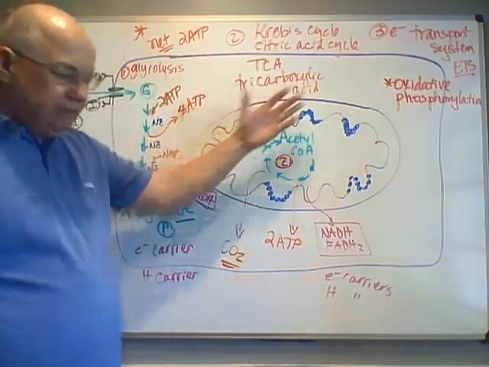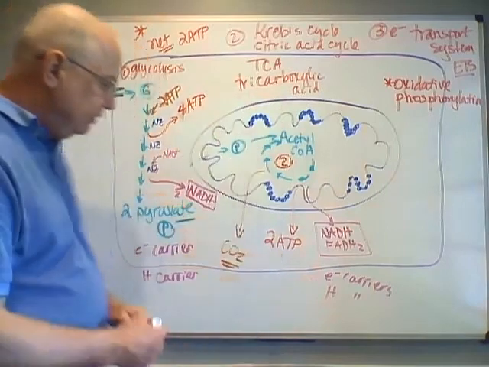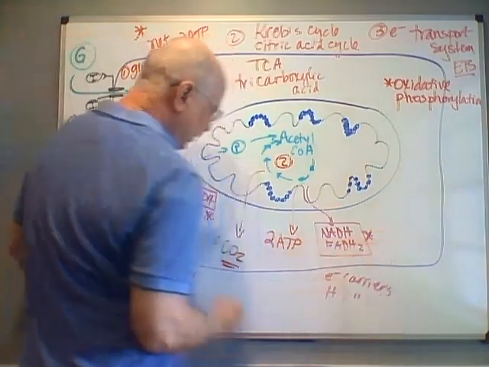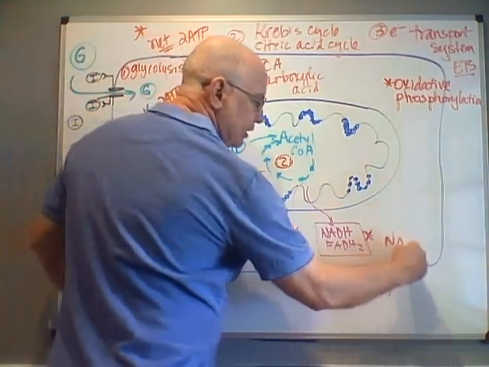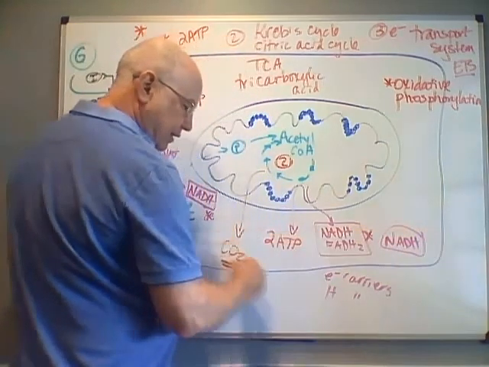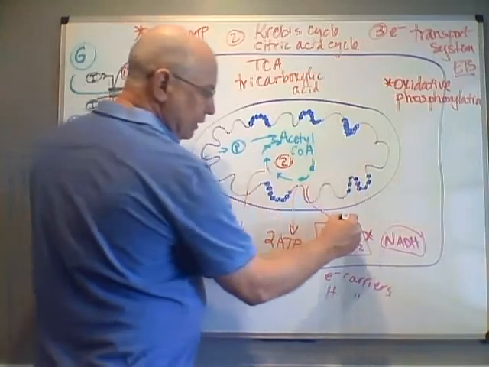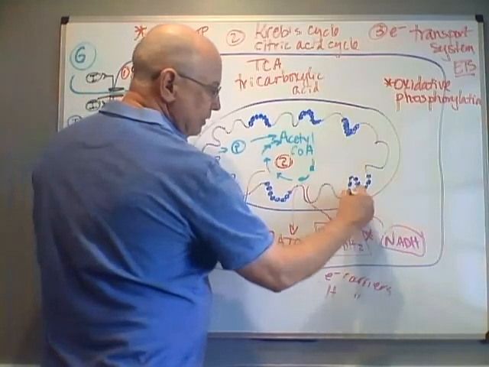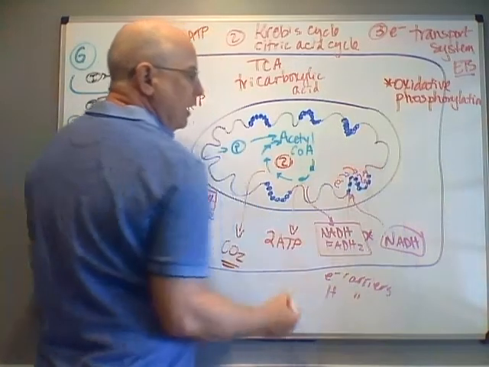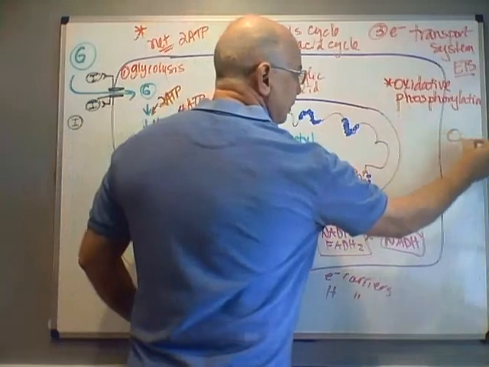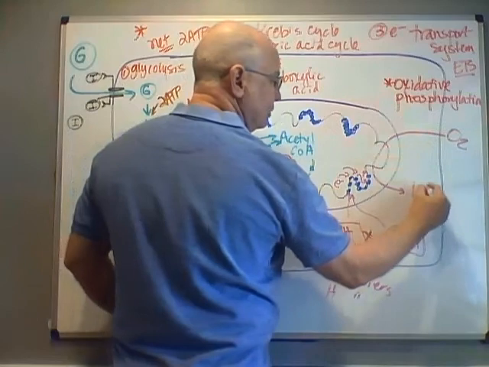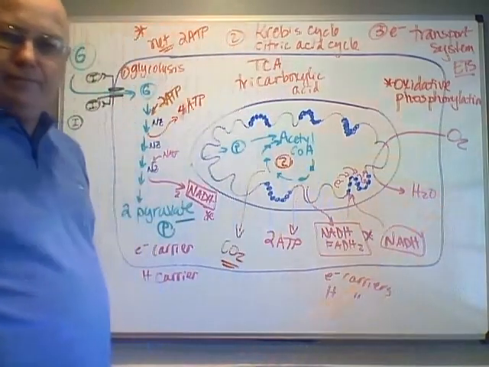So I know this is a big mess, and they don't go outside the cell here, but essentially, all of these NADHs would be transported into the mitochondria, and then what happens is we're going to rip electrons off and pass them back and forth, and eventually oxygen that we inhale is going to come by here, get combined with some of these protons, and form water.